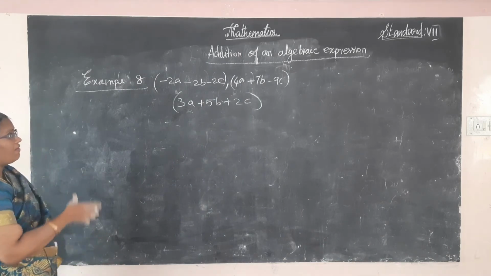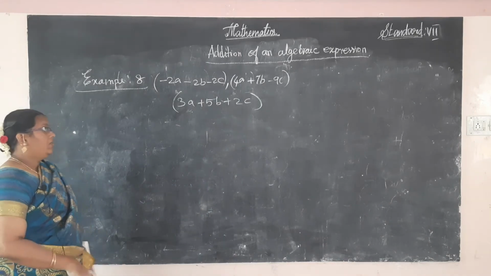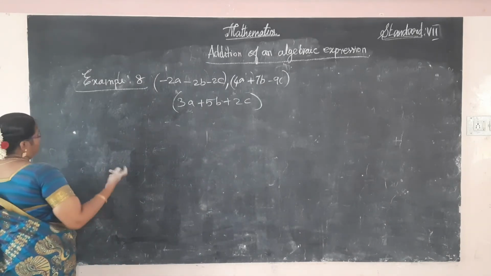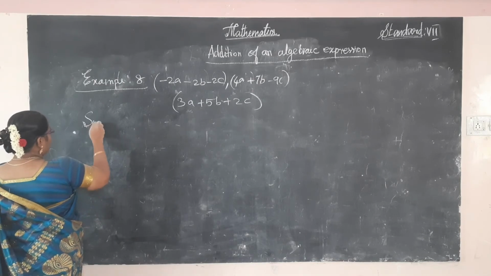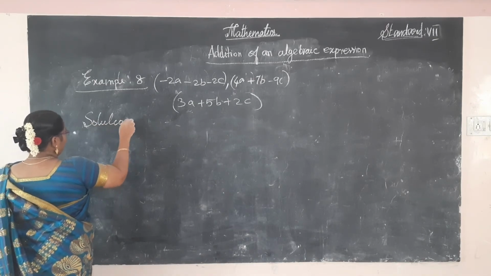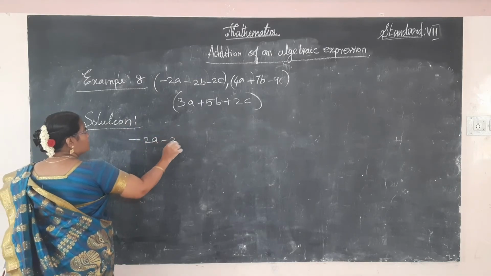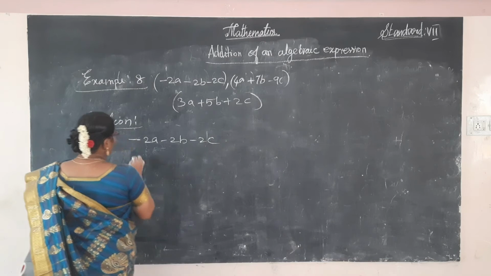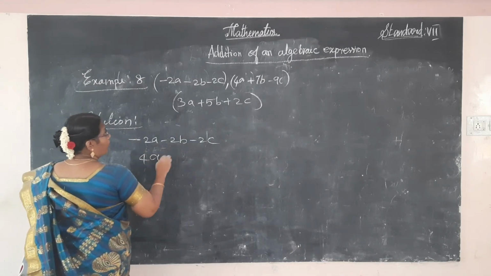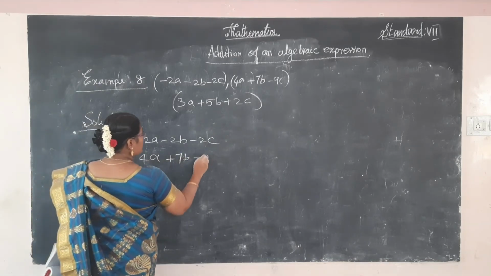Column method means we arrange the like terms vertically, in a column. Both mean the same. Solution: minus 2a minus 2b minus 2c and next the 4a plus 7b minus 9c.